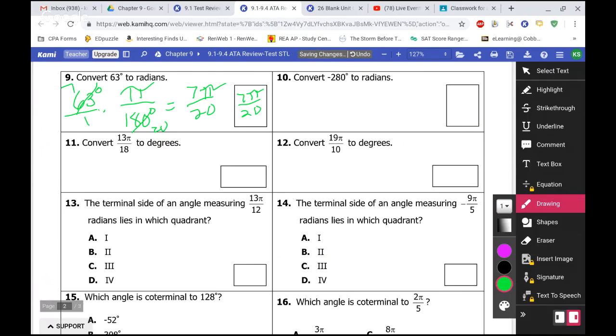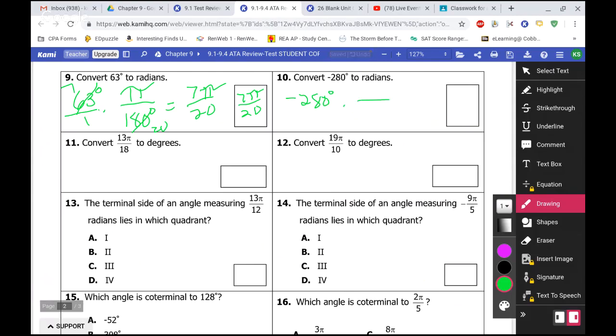All right. Convert negative 280 to radians. Just to remind you guys, when you're converting a negative number, don't forget your negative in your answer, okay? So we've got negative 280 degrees.